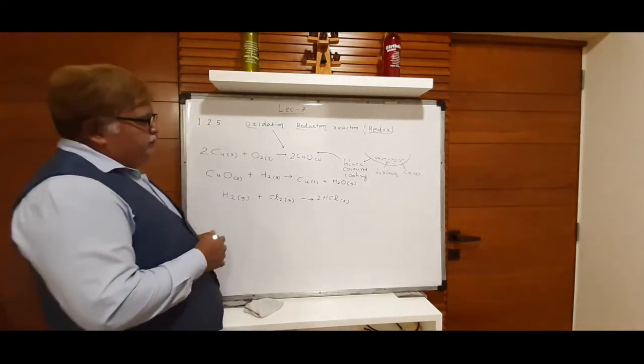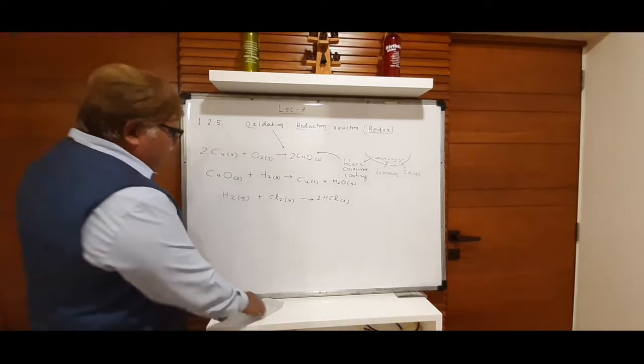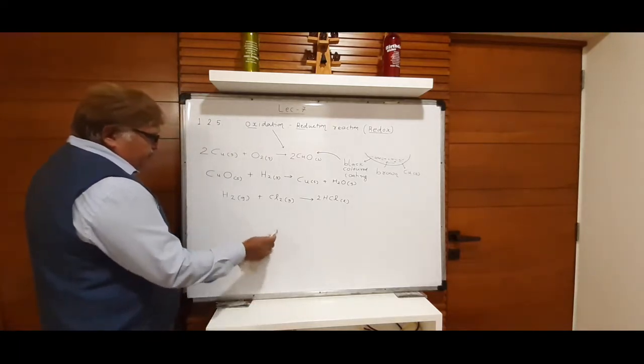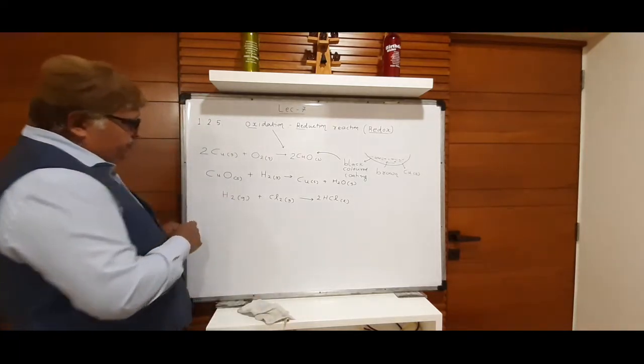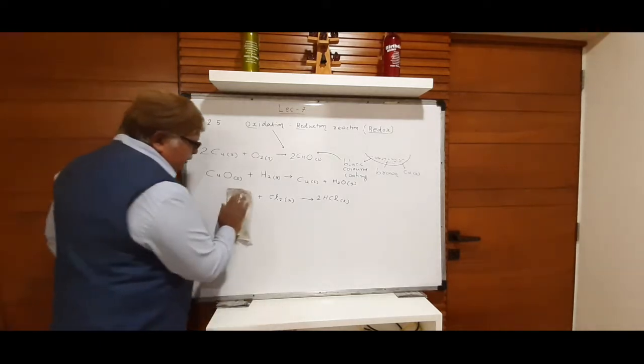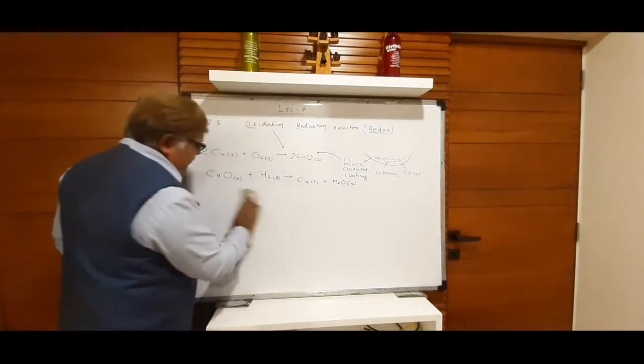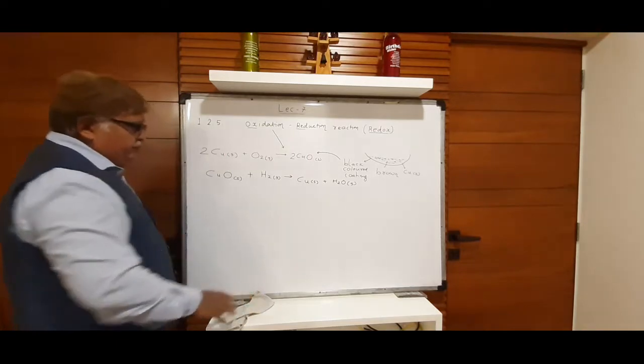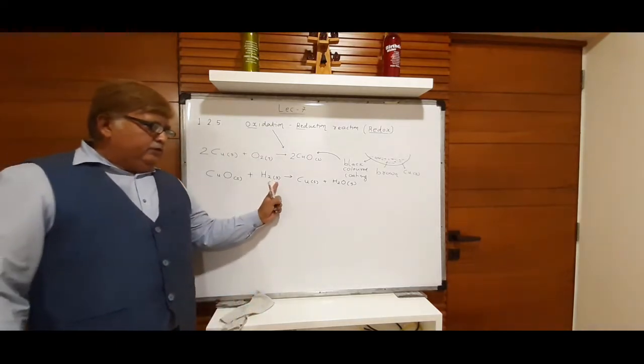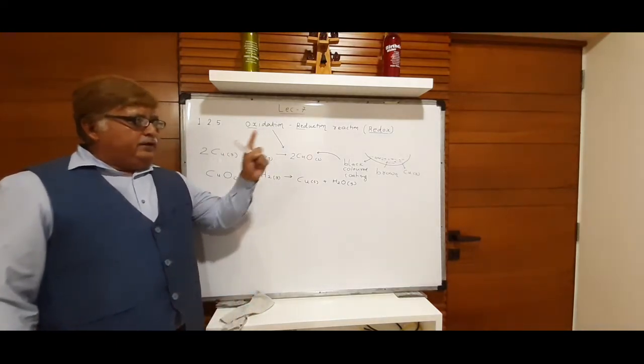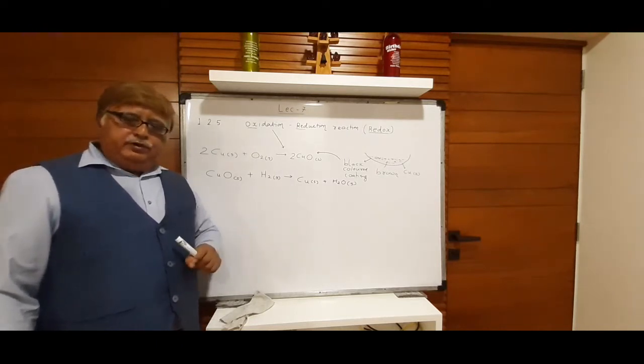Now one more thing. I'm just erasing this for the time being, you must have noted down. Now my dear student, this reaction, can I call it a redox reaction?